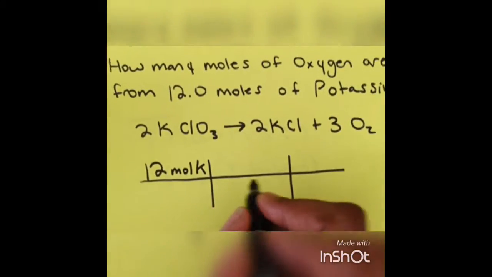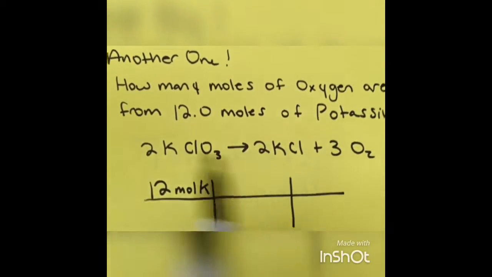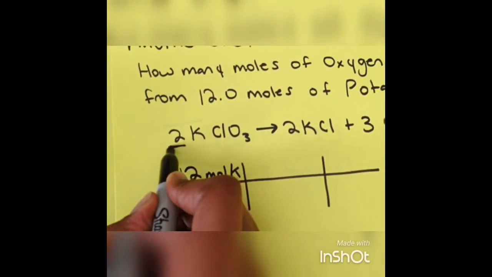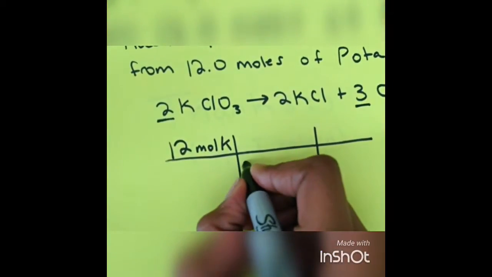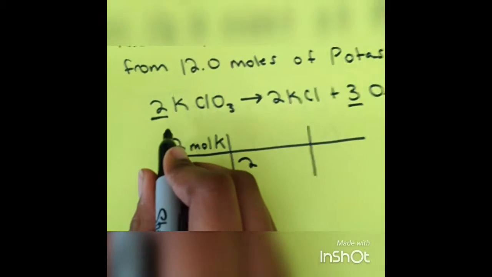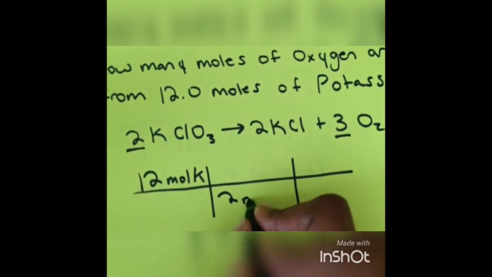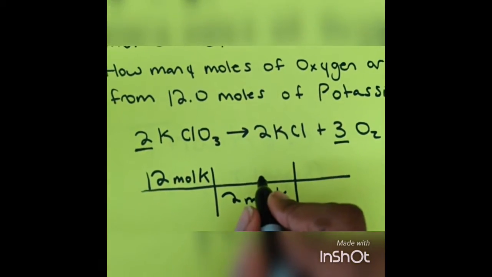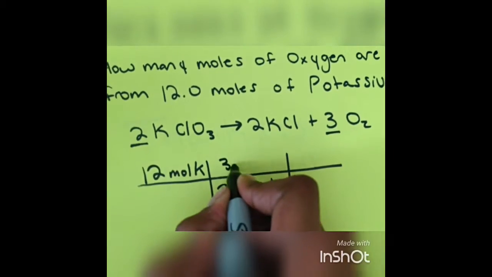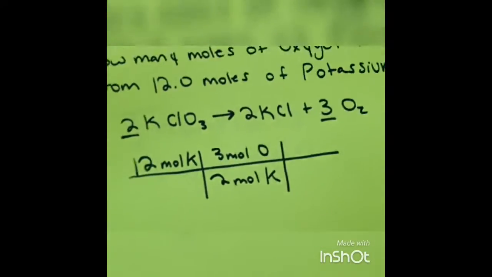And now you can go right away to your Stokes step because you have your 2 right here, and you have your 3 over here. Since you're in potassium, you're going to use this coefficient first. So you're going to put 2 moles of K down, and then you're going to put 3 moles of oxygen at the top, because that's what you're going to.